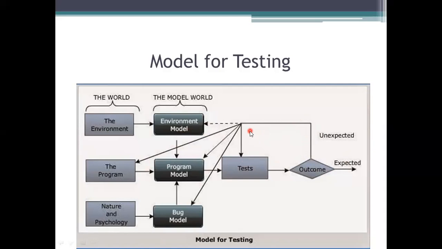If there is an unexpected result because the requirements are not satisfied, it performs a test again while taking other inputs, and it makes changes to the program, the program model, and the supporting environments, such as the software or supporting files it uses, and it reads the bug psychology. If we want to give importance to the bug or not, we need to specify that. Based on that, the test will be specified.